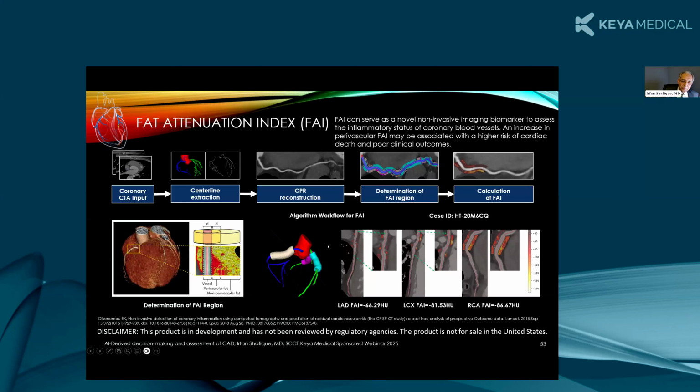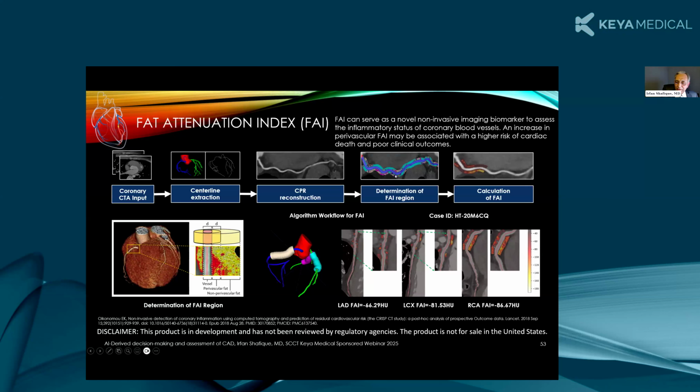So talking about the next marker, quite a few papers are coming on the fat attenuation index, which is the perivascular, pericoronary artery fat attenuation. And it actually measures that.